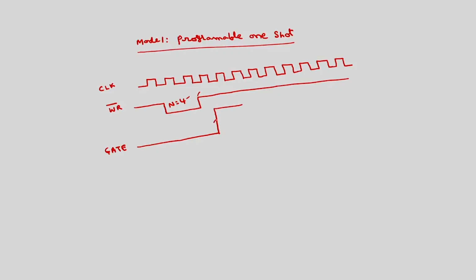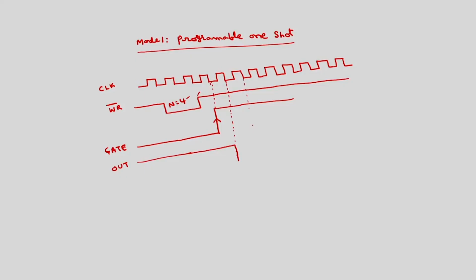So, at the rising edge of this gate, after the next negative edge of the clock, from this negative edge onwards, the out signal, which was initially high, starts counting.